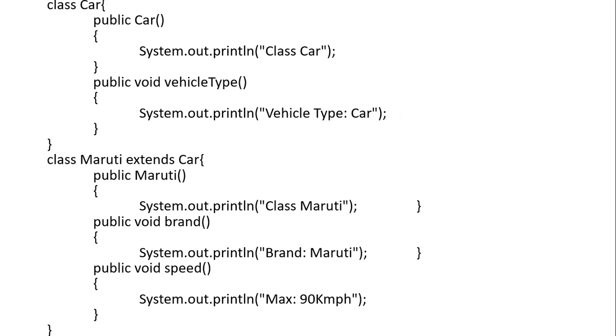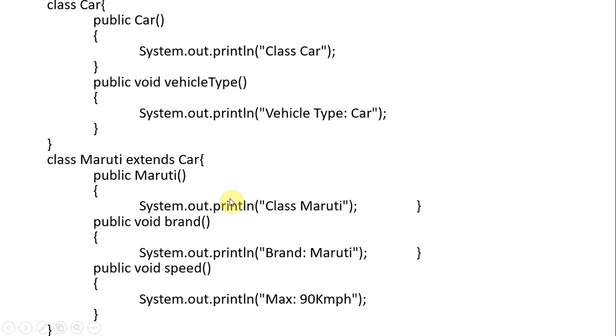If you observe the output, when we call vehicle type, the output is car. When we call brand, it is Maruti. When we call speed, it is maximum 800 kilometers.